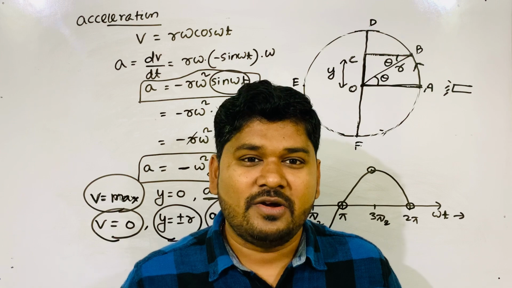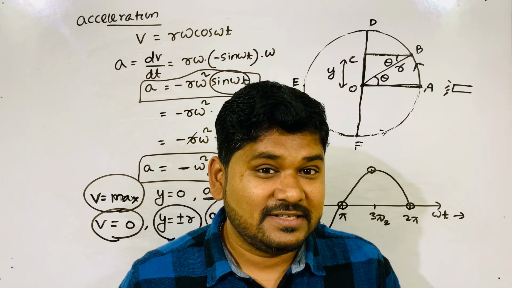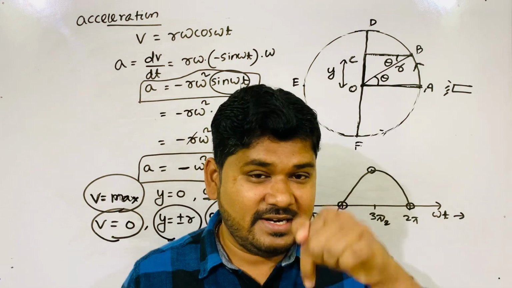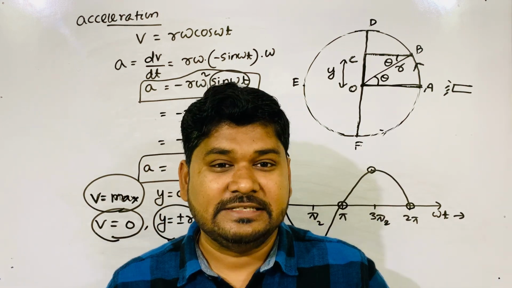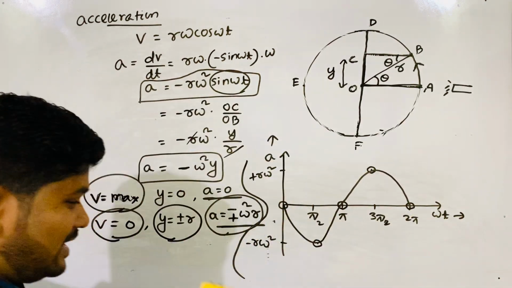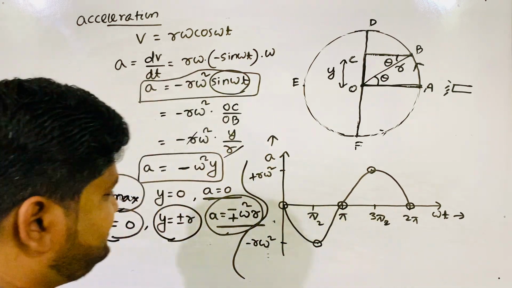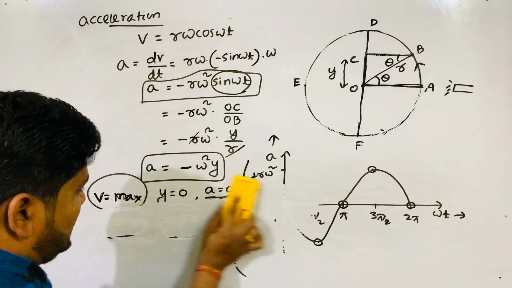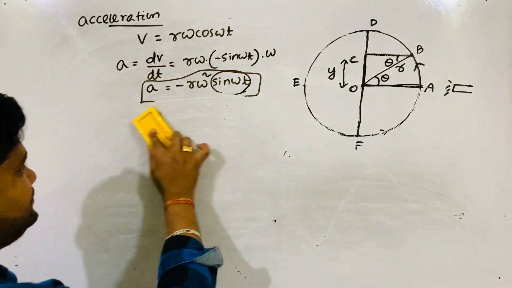When you throw a body in upward direction, at the highest point velocity is 0, from where it returns back, but acceleration is small g, the maximum. That is also one example, and SHM is also another example of that. So now you got how the acceleration varies with omega t.